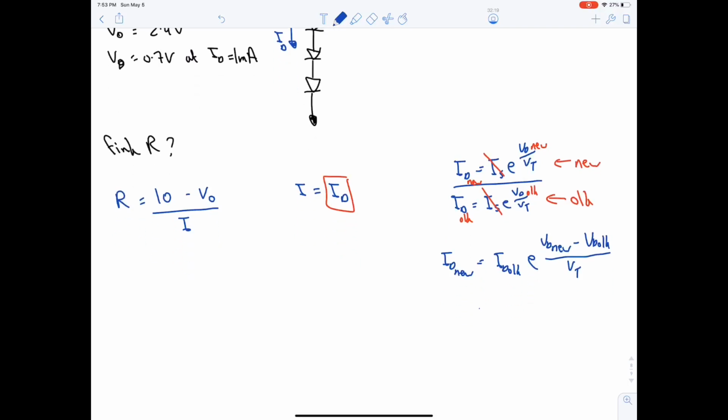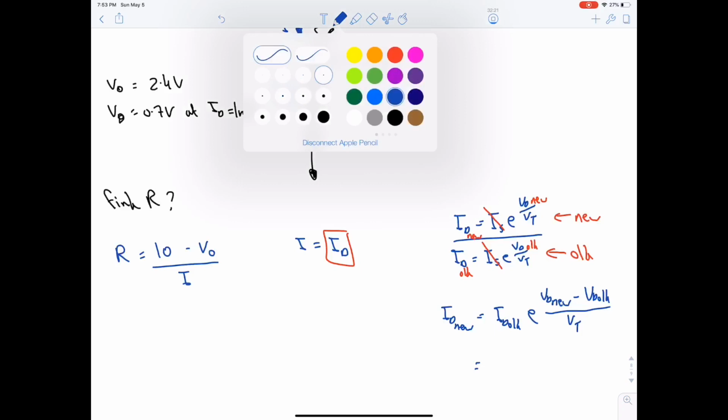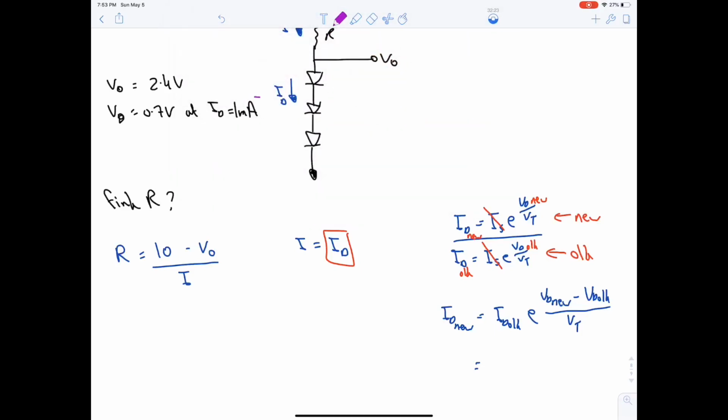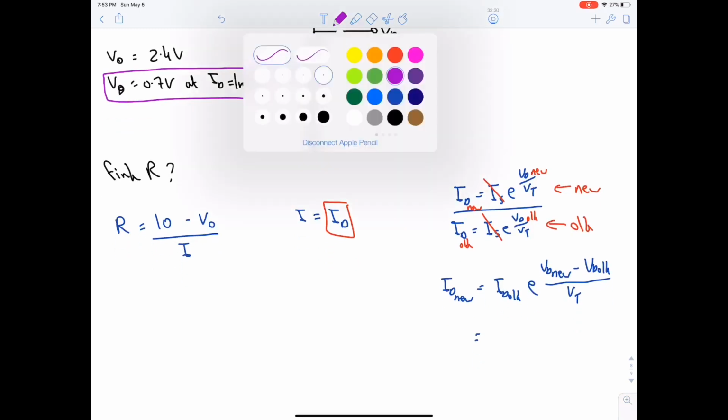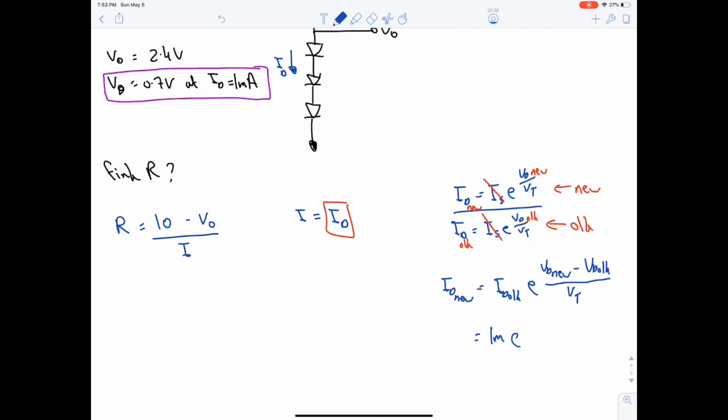Okay, old is what? We do not have a previous part in the question, so it will be the sample. So ID old is 1 milli exponential VD new minus VD old. VD old is what? It's 0.7 from the sample divided by 25 milli. Now what is VD new?